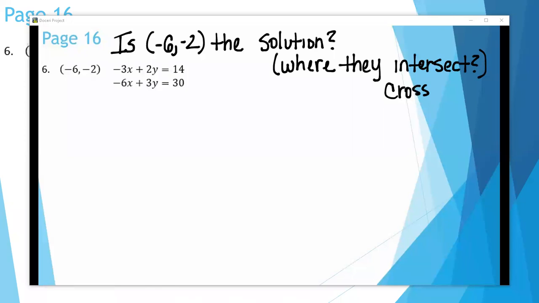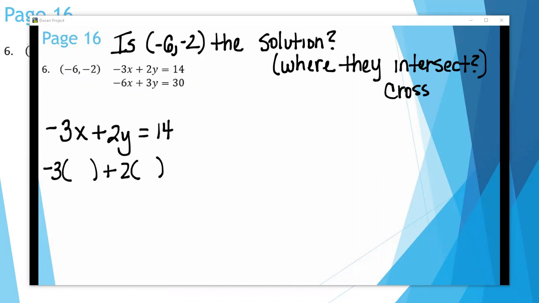So for question number 6, let's go ahead and do a substitution. So we have -3x plus 2y equals 14. So let's substitute in -3 times x, plus 2 times y. And I'm gonna put a question mark because what I'm trying to figure out is what do I get when I substitute in -6 for x and -2 for y.